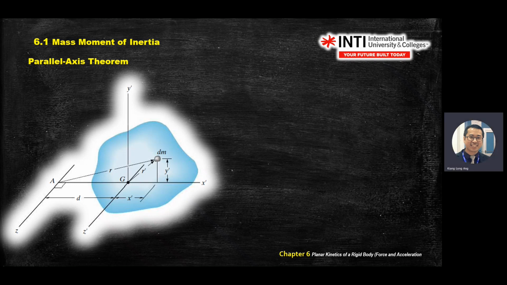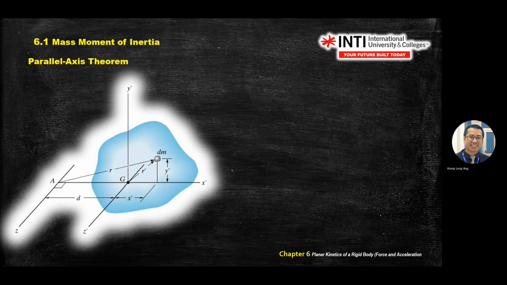Let's say your distance from center of mass to the dm is x prime, and the height of your y from the center of mass axis is y prime. This is a right angle triangle.